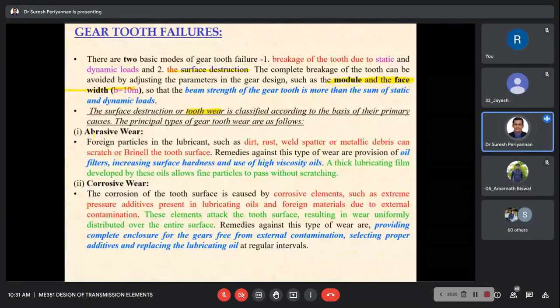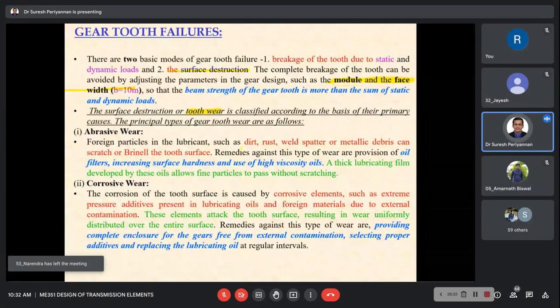Now, first we see abrasive wear on the tooth surface. Foreign particles in the lubricant, such as dirt, rust, weld spatter, and metallic debris, can scratch the tooth surface. How can I remedy this issue?